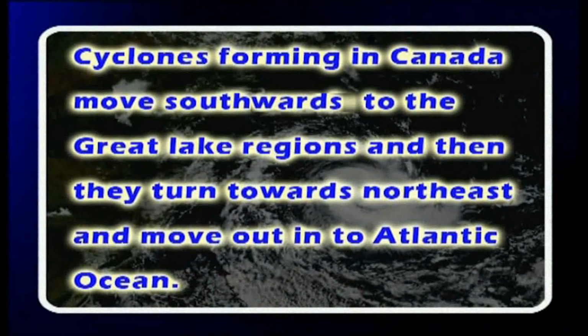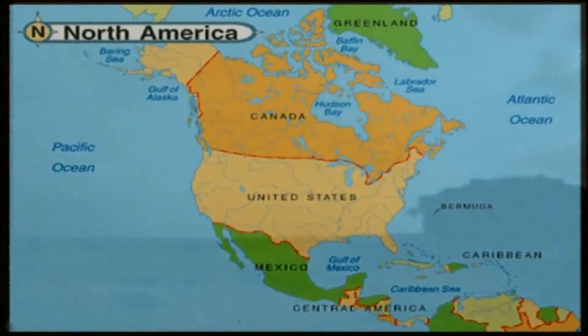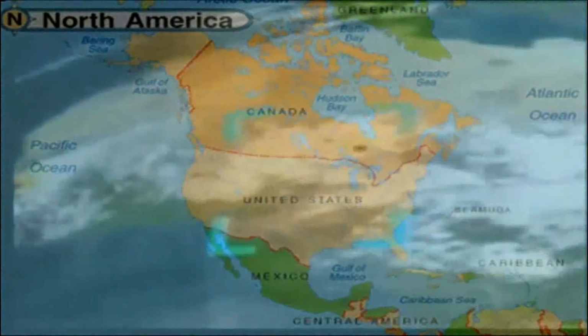Cyclones forming in Canada move southwards to the Great Lake regions and then they turn towards the northeast and move out into the Atlantic Ocean. Great Lake regions are the strongest regions for cyclones in North America.